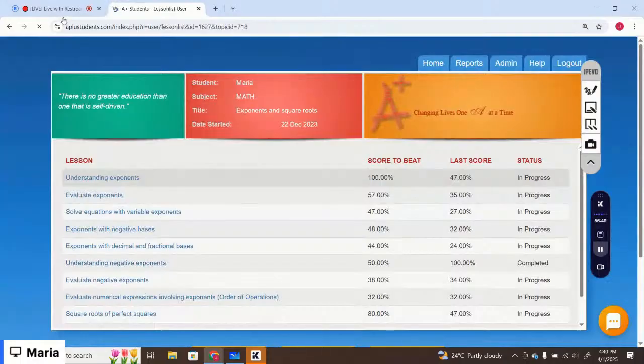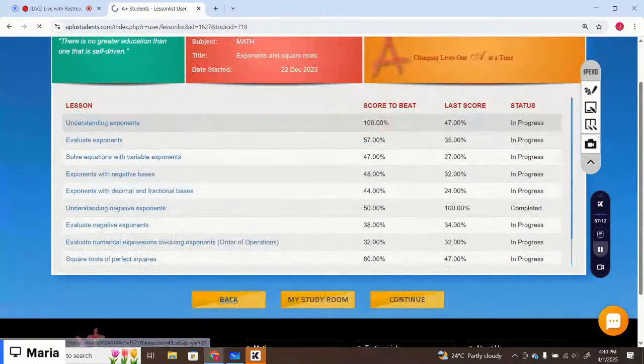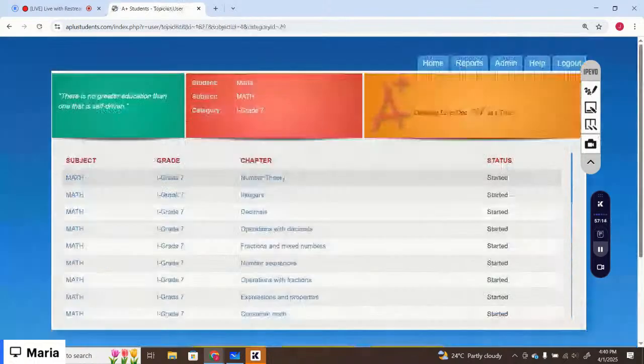The lessons we have covered today are exponents with decimal and fractional bases, understanding negative exponents, evaluate negative exponents, and evaluate numerical expressions involving exponents. Please make sure you complete the practice questions for the lessons we just did. That is your homework until the next session.